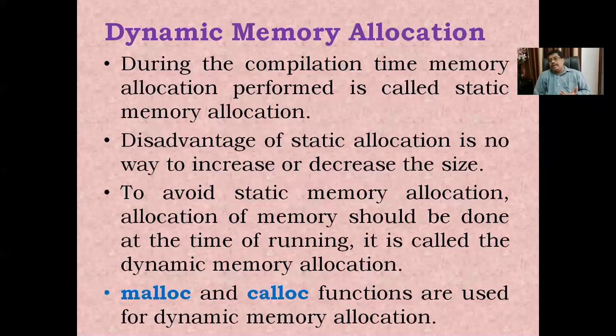Out of that 100, if we use only 10 memory locations, the remaining 90 memory locations are wasted. Whenever we constantly specify the size of an array, that is static memory allocation. In static memory allocation, there is no way to increase or decrease the size. We have to work only with fixed locations.